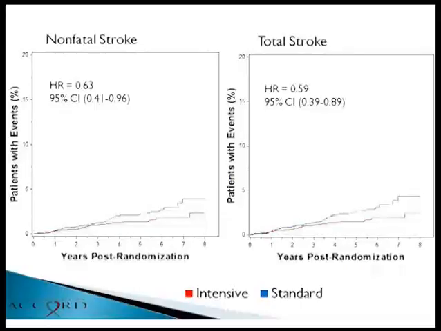There was no difference in terms of cardiovascular outcomes, myocardial infarction, revascularization, but there is a tendency for reduction in stroke.